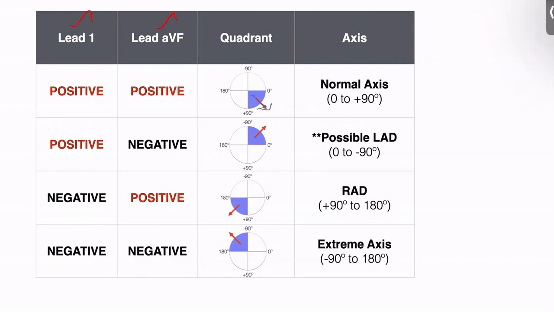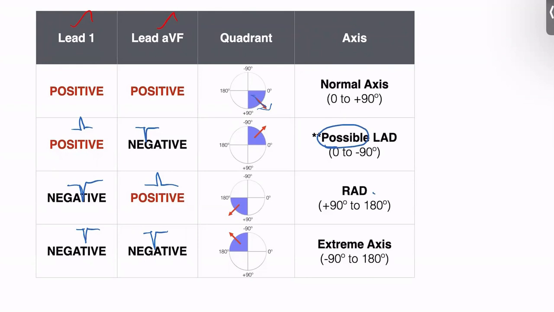Lead 1 positive, leave. Reach, negative. But we use the term possible LAD, not like RAD, because RAD is sure.